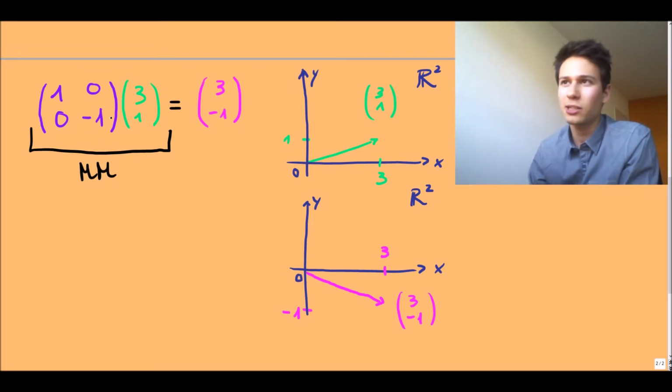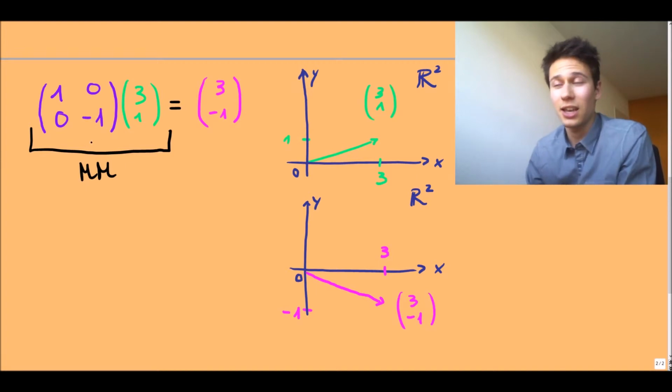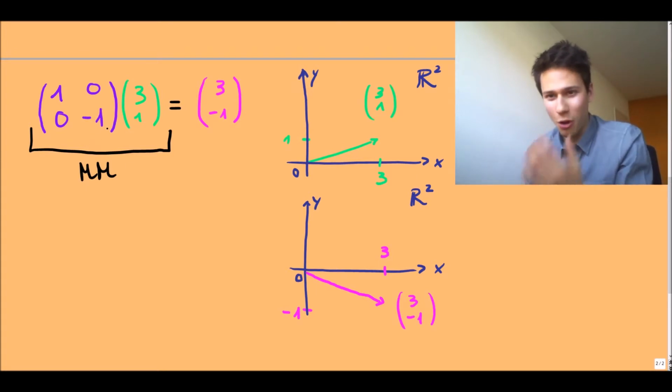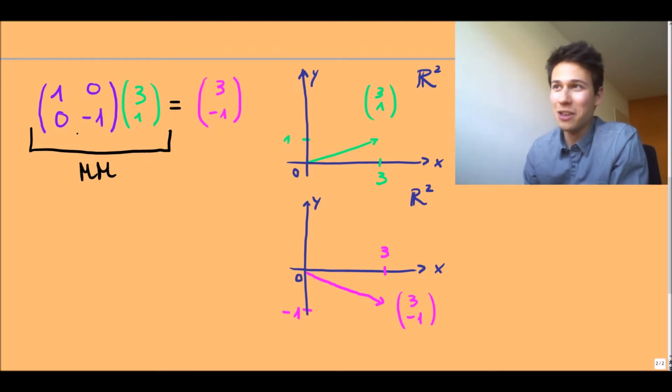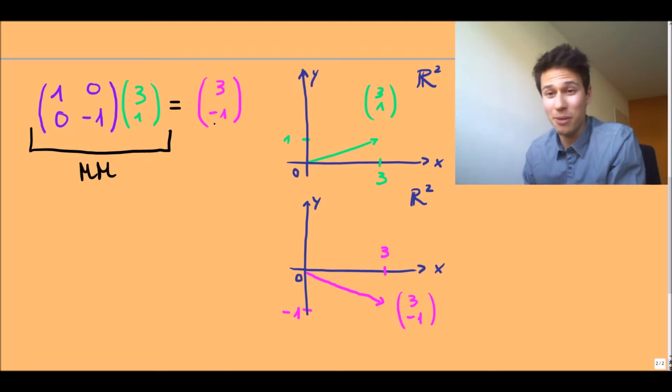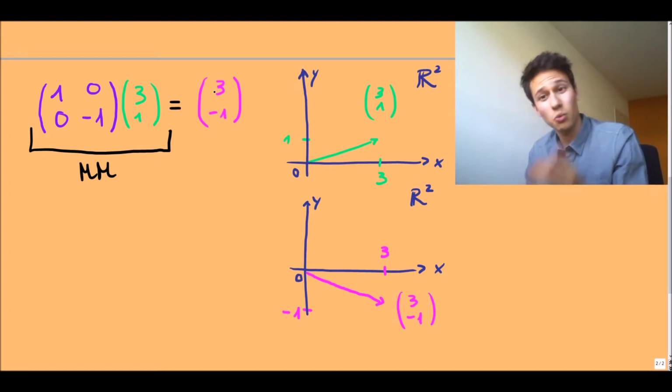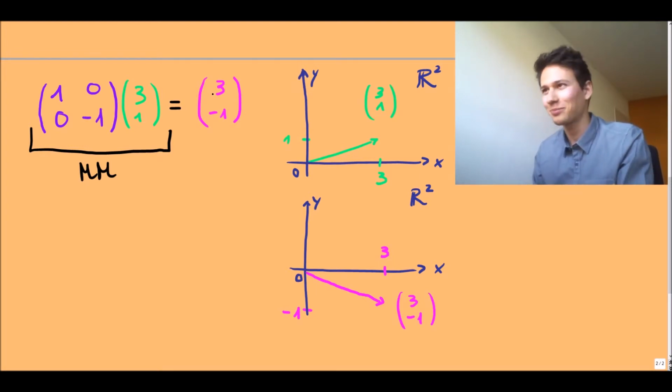You have to matrix multiply these two objects, and you'll see, if you know how to do matrix multiplication, if not, check out my earlier video on it, you'll see that you immediately get the vector 3, -1. Pretty cool, right? And it is also only possible with matrices. So you already have one reason why you need matrices.